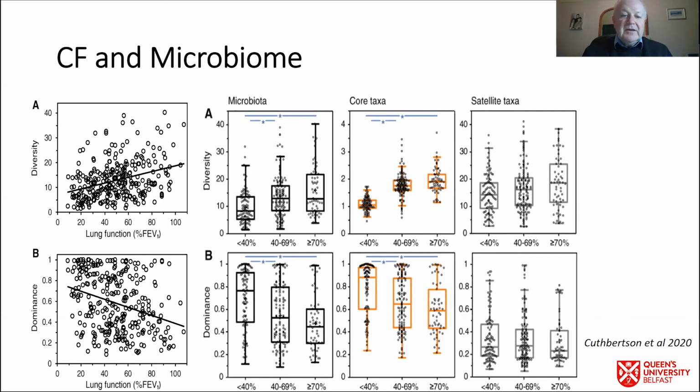The measurement of dominance is sort of an inverse of diversity, and in this CF cohort was primarily dominance by Pseudomonas aeruginosa, and it has an inverse relationship to diversity, with dominance being associated with impaired lung function. There isn't time today to talk about the importance of core and satellite taxa, but this is elaborated in the paper.